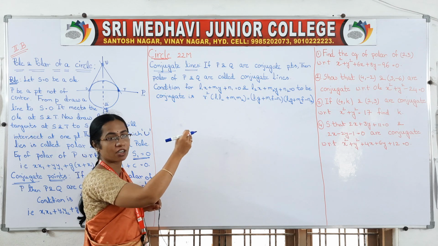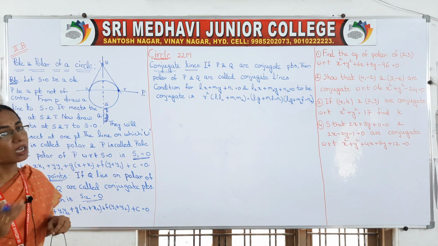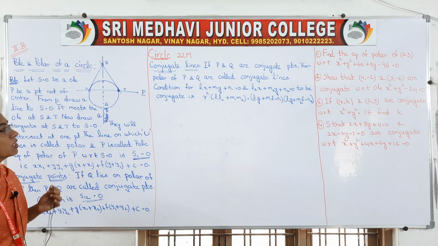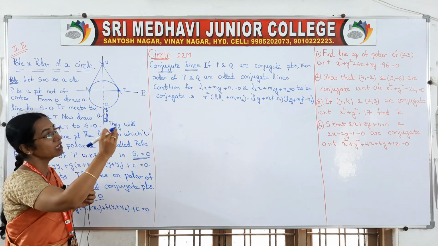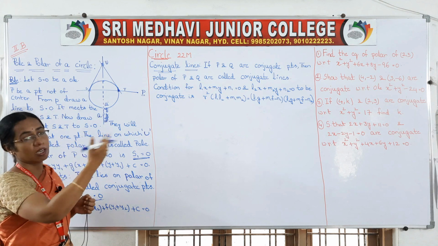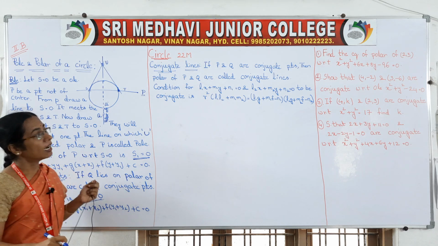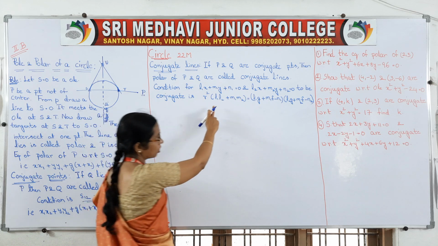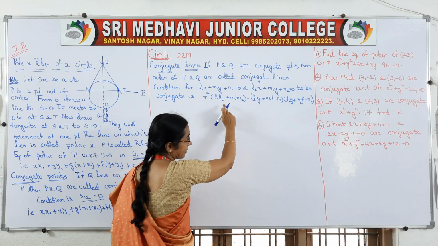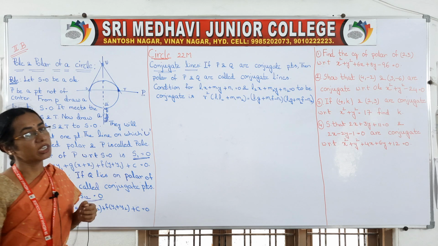Your brain will catch that logic and you will get used to the formula also. Whenever you get a new formula, try to write it. We are already doing this from your first year. So conjugate lines are very simple. If P and Q are conjugate points, the polar of P and polar of Q are called conjugate lines. And the condition for any two lines to be conjugate is that they satisfy this condition. If these two lines satisfy this formula, then those two lines are said to be conjugate lines.